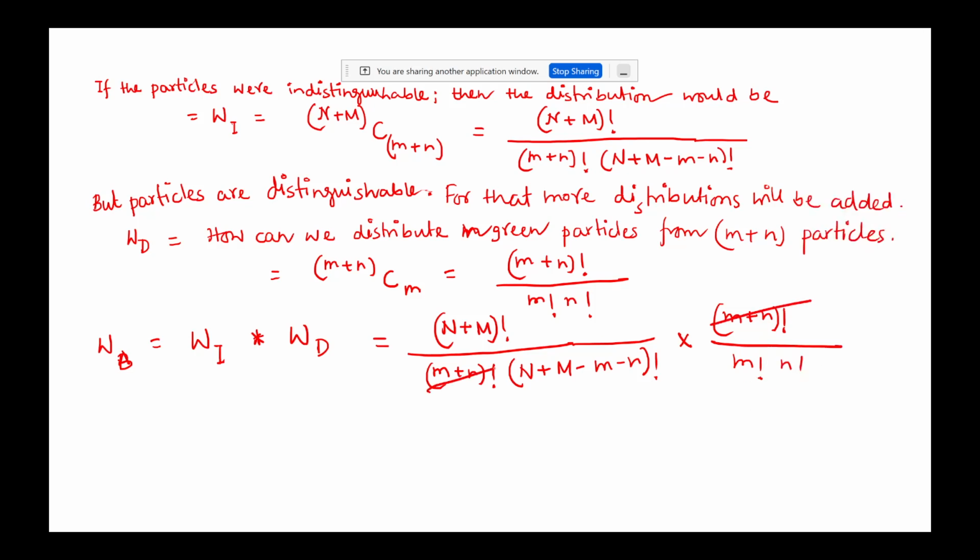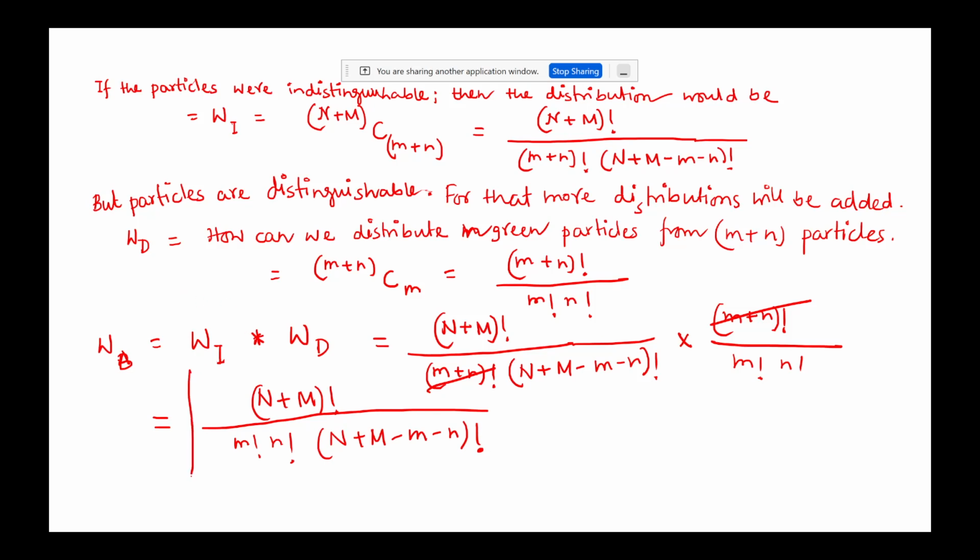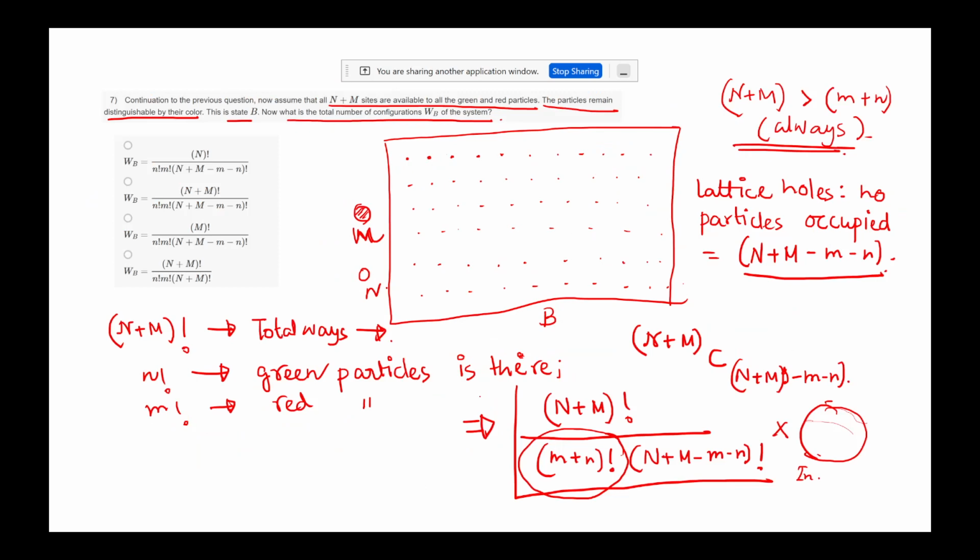So this will balance each other. This is an interesting problem. So this is the answer, right?